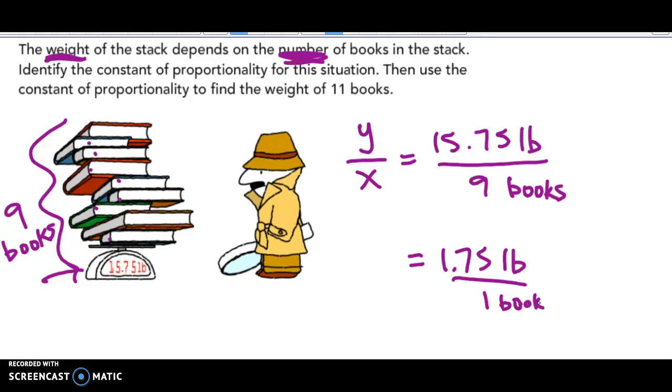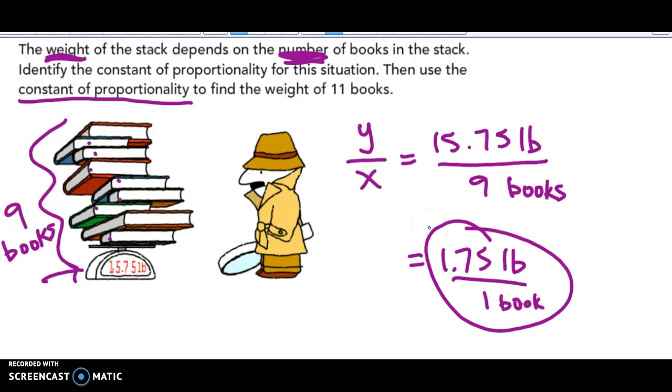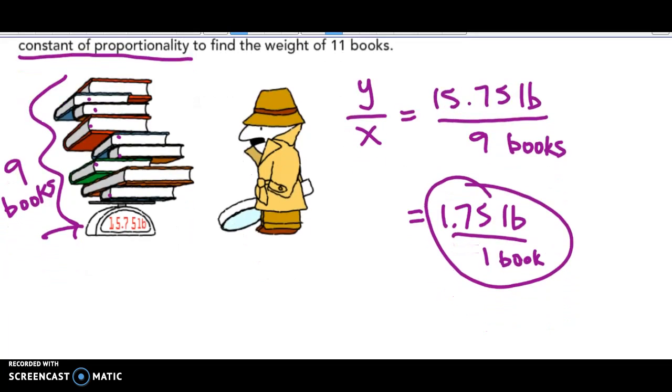So if one book weighs 1.75 pounds, I can use that, my constant of proportionality, to find the weight of 11 books. So let's set up a proportion here. If it's 1 and 75 hundredths pounds per one book, we want to know how many pounds per 11 books.